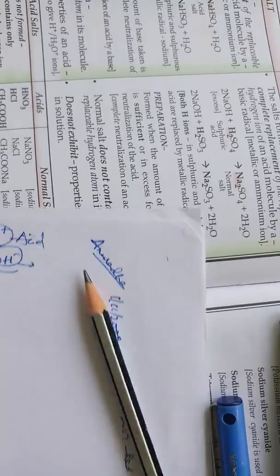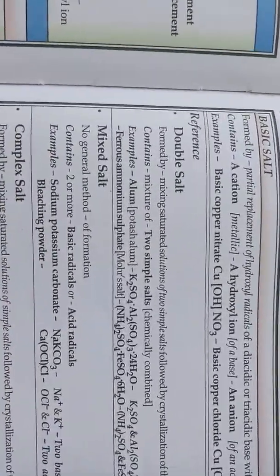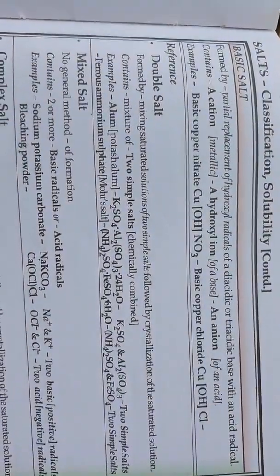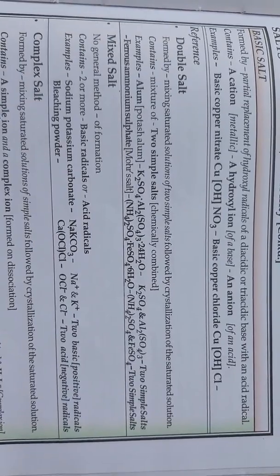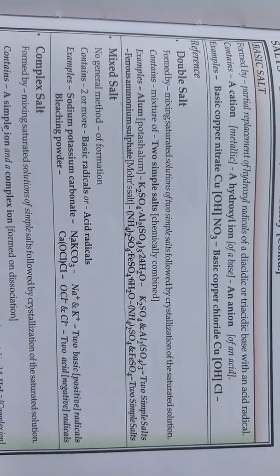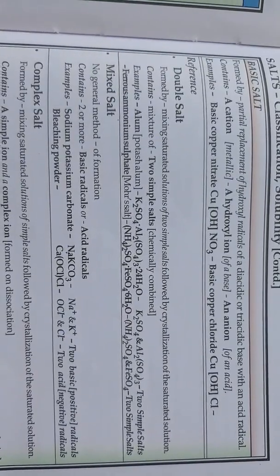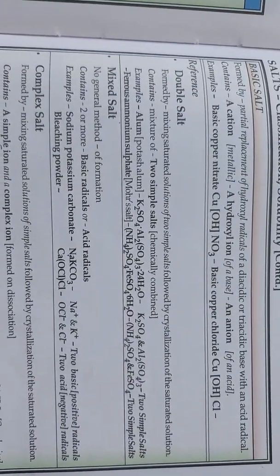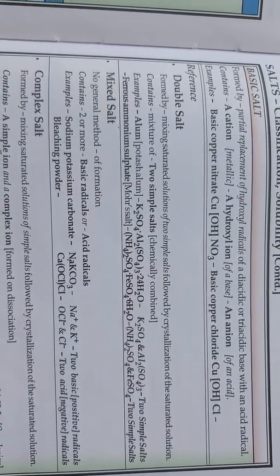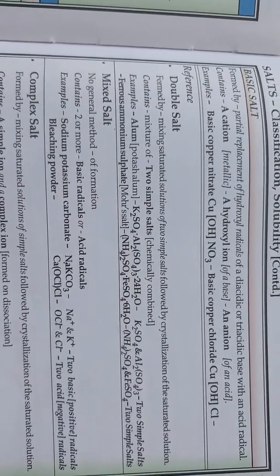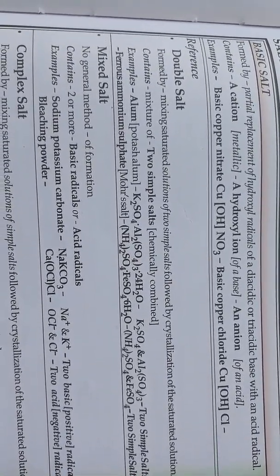Now let's continue with the different salts. Basic salt is formed by partial replacement of the hydroxyl radical of a diacidic or triacidic base with an acid radical. It contains a cation, a metallic ion and hydroxyl ion from a base, and an anion from an acid. The example given is basic copper nitrate, CuOH NO3.